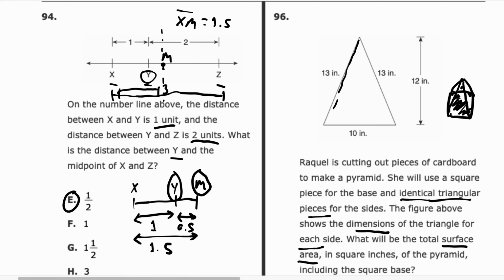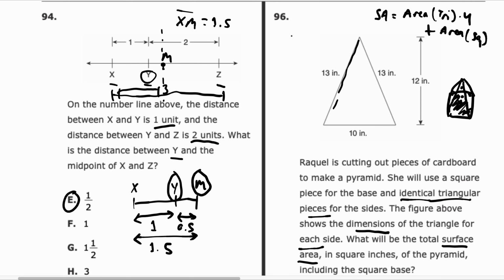Because there's a triangle on all 4 sides. So we need to take the area of these 4 triangles plus the area of the square base to get the surface area. So surface area is equal to area of triangle times 4 plus area of square.